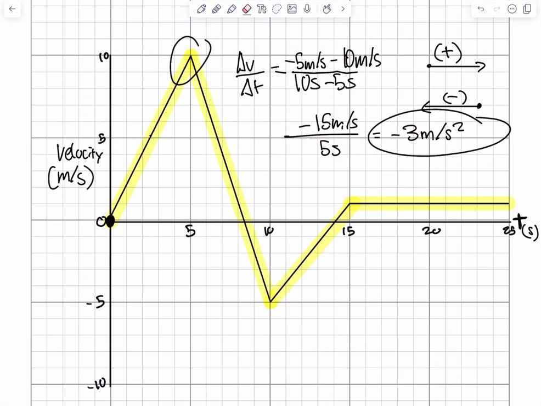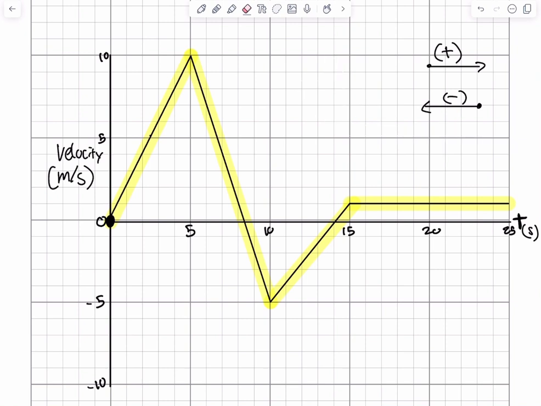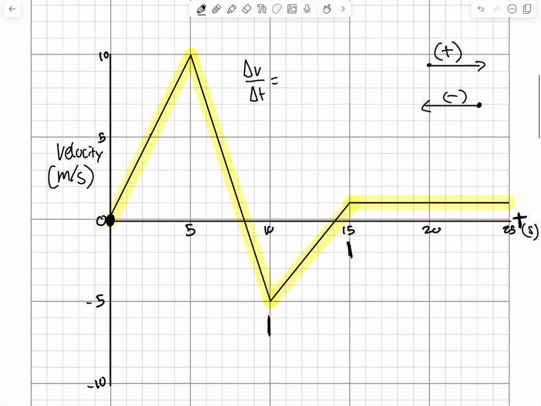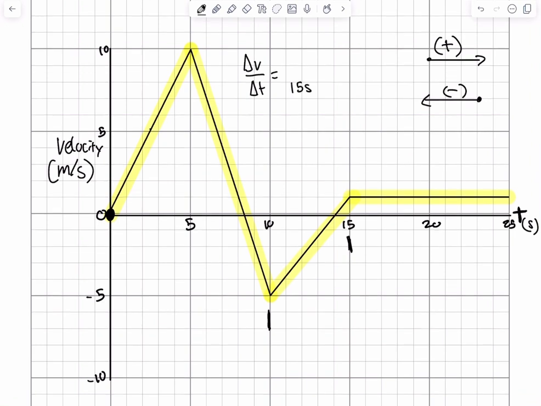So, let's move on to the next section. Delta V over delta T. Delta T is easy. 15 seconds minus 10 seconds. Final minus initial. Final velocity, 1 meter per second, minus initial velocity, negative 5 meters per second.